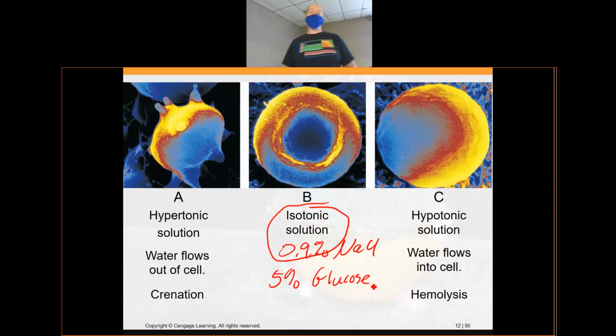If you have the 0.9% NaCl or the 5% glucose, you have an isotonic solution, a physiological solution. When you have a hypertonic solution, you have your cell here, which has a semi-permeable membrane, and water flows out of the cell because hypertonic means you have a high concentration.